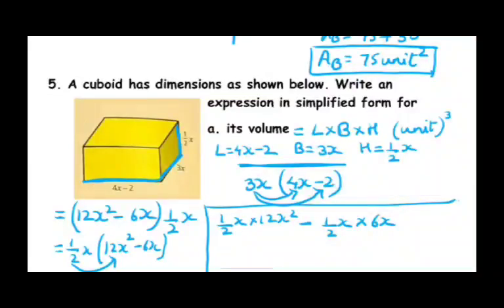Alright, so I have straight away taken this minus sign because eventually the answer is going to turn out to be minus only, because there's only one. Whenever there's one negative, the answer will always come negative.